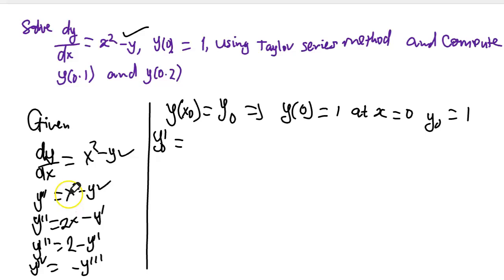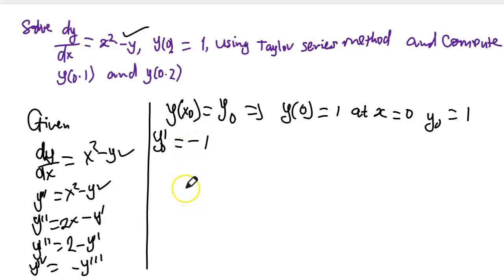Our y prime, we have x squared minus y, but you are told that y naught is equal to 1. So in this case, when you see x, you put 0, because at x equals 0, y naught is equal to 1. So this means we have 0 squared minus 1, but this is negative. So y naught prime is simply going to give us negative 1.